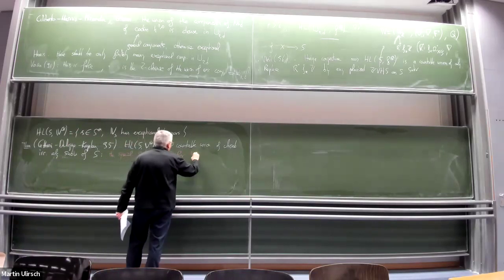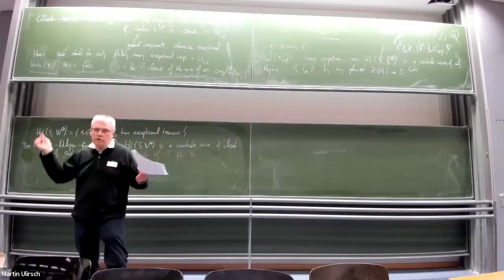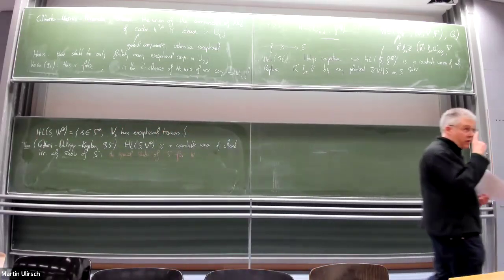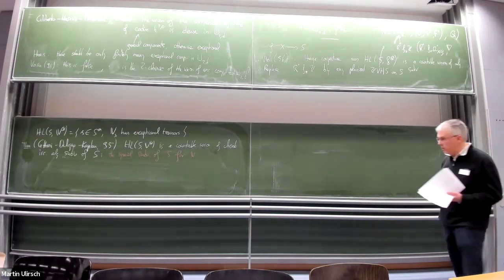So it's kind of remarkable. Each time you have such a variation, you get this collection of irreducible algebraic varieties in the base just coming from Hodge theory.